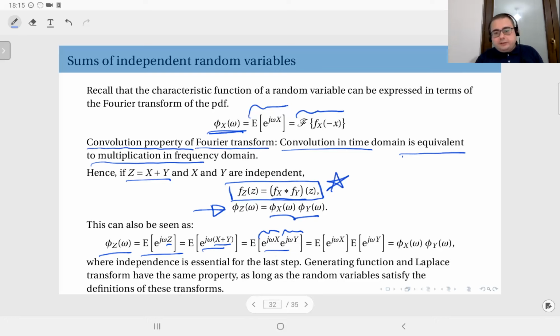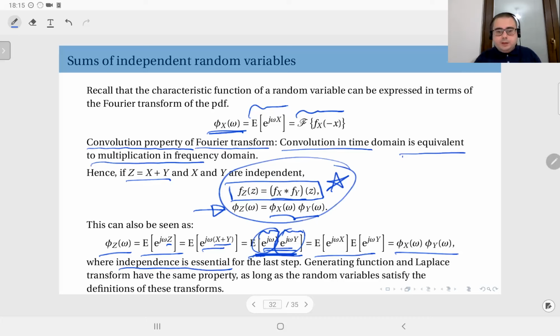But if you know that x and y are independent, then you can separate these two, because this random variable, e to the power j omega x, and this random variable, e to the power j omega y, will also be independent. Therefore, I can write this as the product of their expectations, which are by definition the product of their characteristic functions. But you see, independence is essential here, because otherwise I cannot separate these two, okay? Very important. This is valid only for x and y independent. Never forget this, okay?